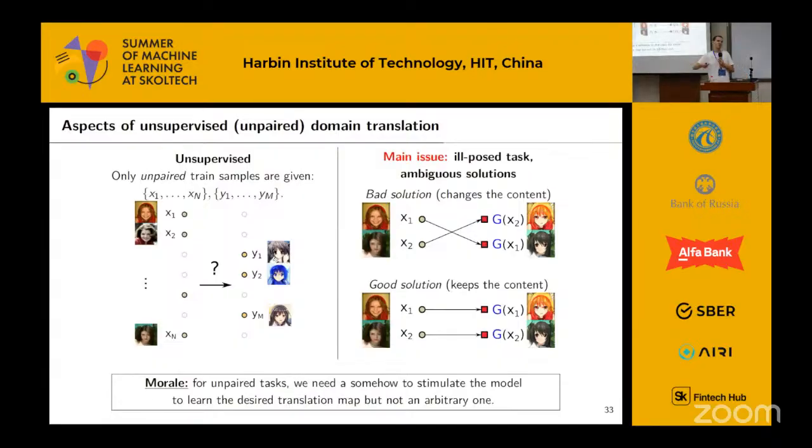So there is a so-called notion of content preservation or content similarity, which is widely propagated in this unpaired learning generative modeling subfield, which basically says that your model should learn reasonable translation maps which do not change the content of the image too much. Otherwise, it's just quite useless in practice.